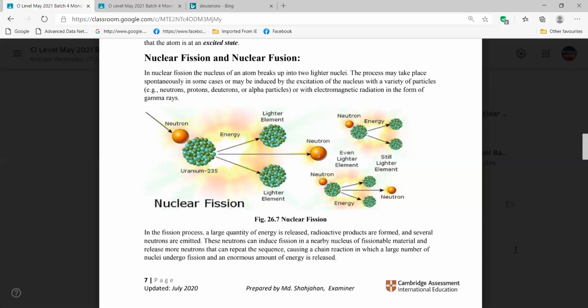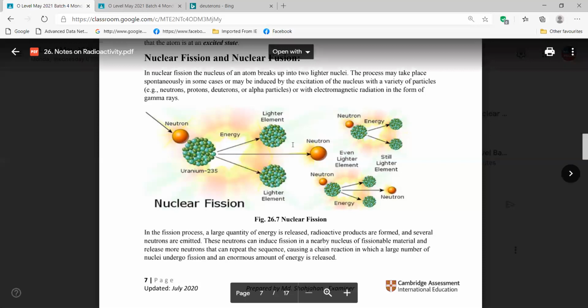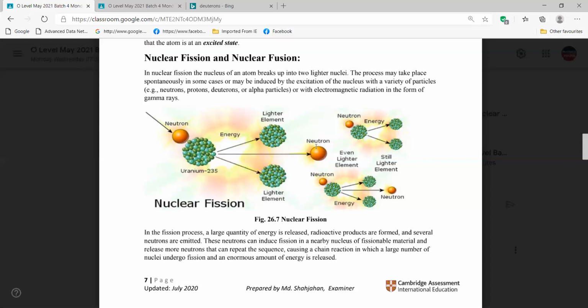How we are getting them we will explain just after this page. Those extra neutrons again start another uranium 235 to split.